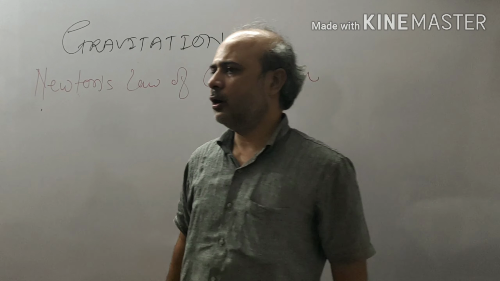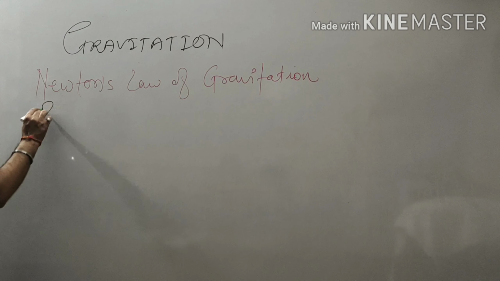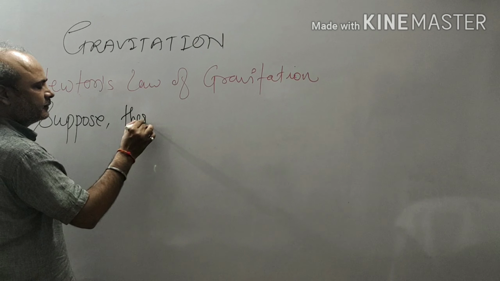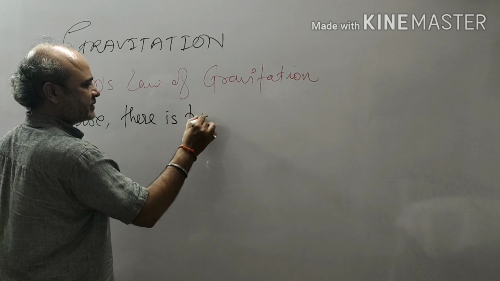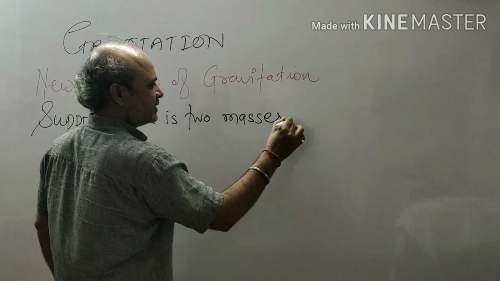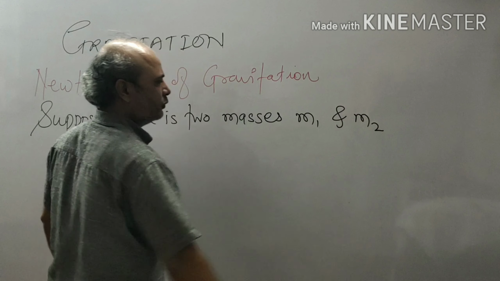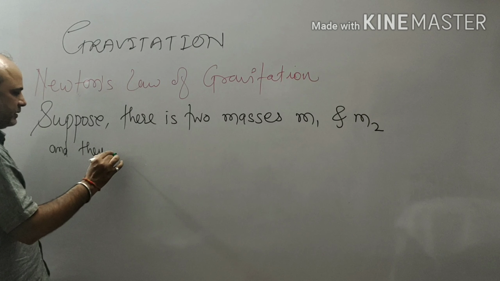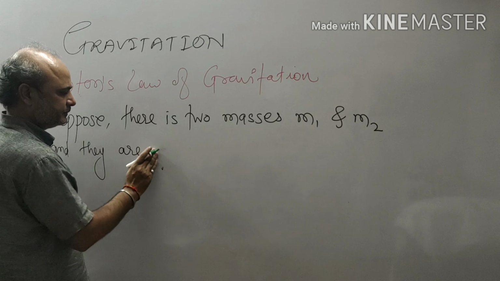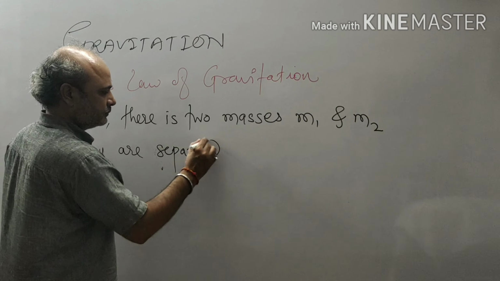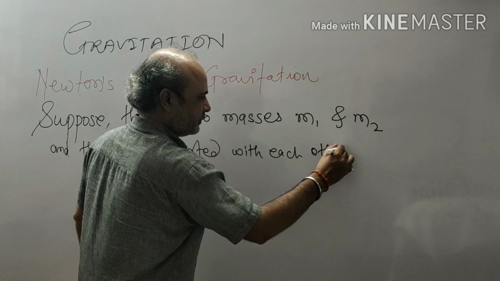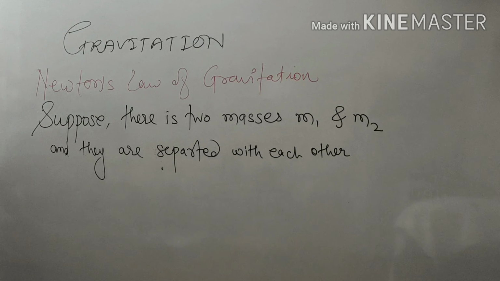Suppose there are two masses, M1 and M2, and they are separated from each other.